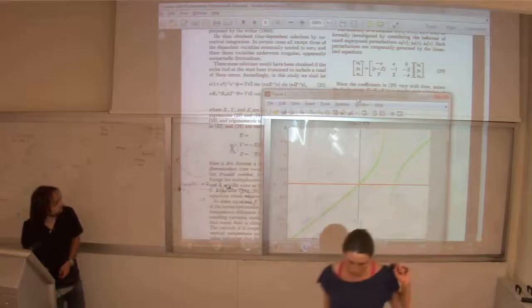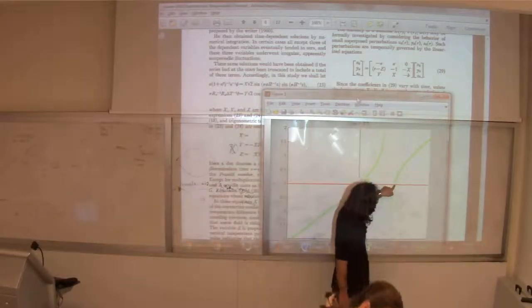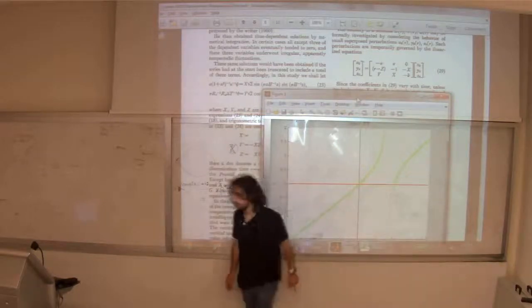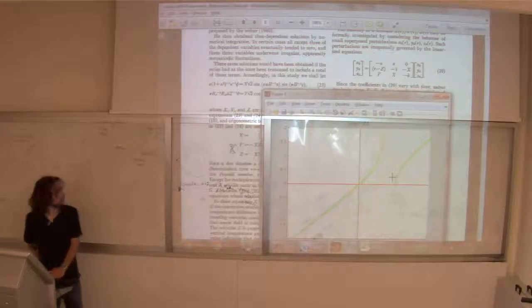Okay, so I have here a system with a saddle and an unstable fixed point. And the idea is to show this homoclinic bifurcation.